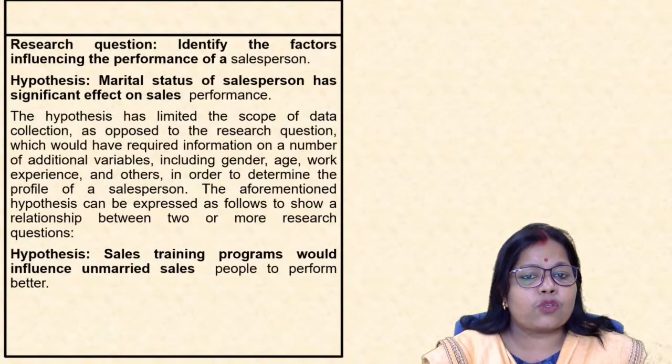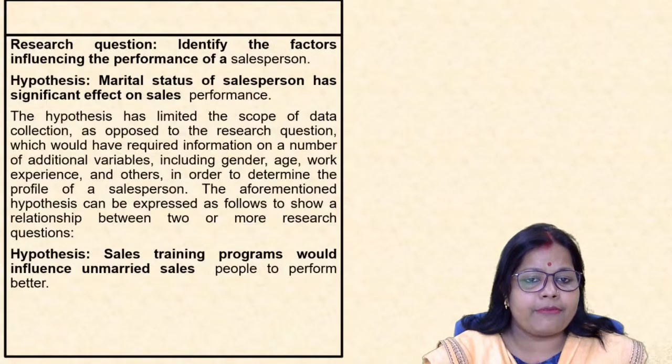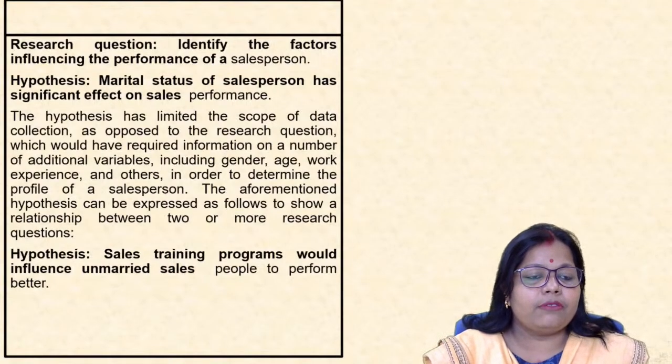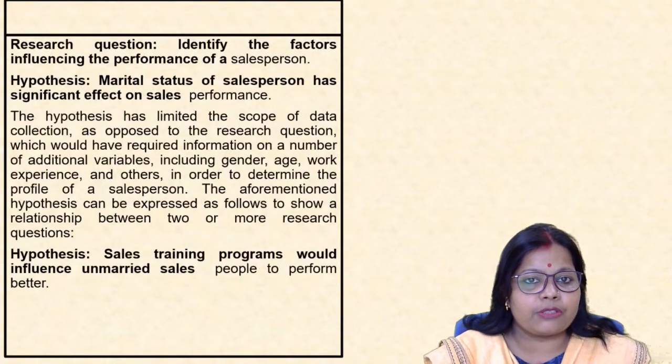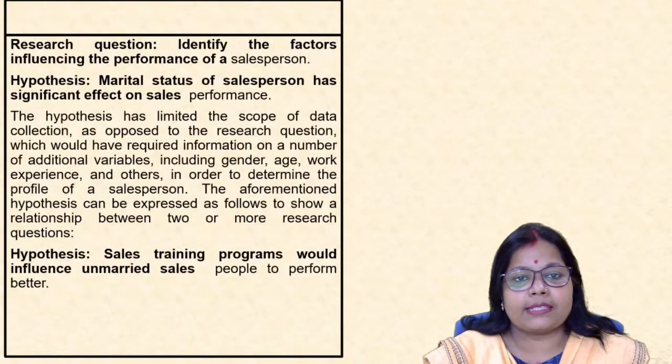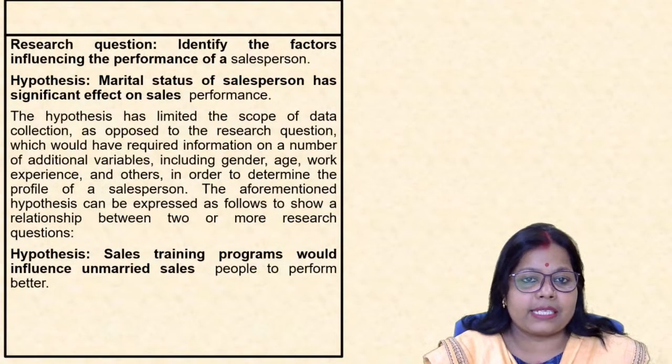has limited the scope of data collection as opposed to the research question, which would have required information for a number of additional variables including gender, age, work experience and others in order to determine the profile of a salesperson. So what we have done here: in our research question, the only question was what are the factors influencing sales performance of a salesperson.